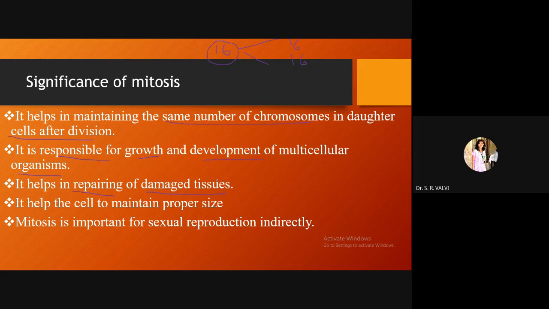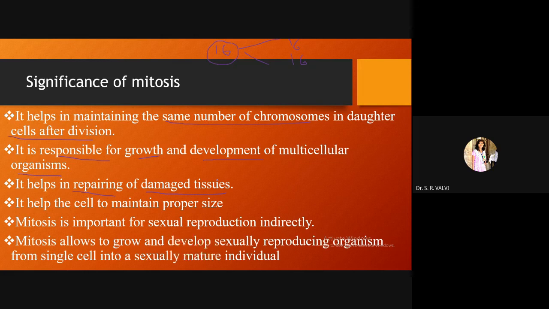And to reach that stage of flowering, the plant has to grow itself. So mitosis is the division which helps the plant to reach sexual reproduction. So likewise mitosis is important for sexual reproduction indirectly. So lastly, mitosis allows a sexually reproducing organism to grow and develop from a single cell into a sexually mature individual.